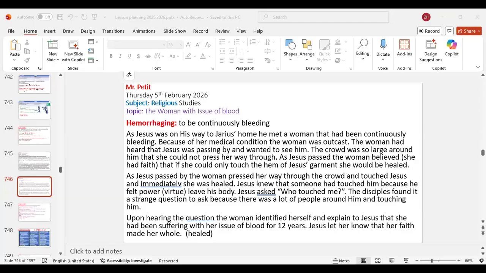So when he says "Who touched me," he's not talking about a regular touch. He's talking like he felt power leave his body. See what I'm saying? It was like virtue, something left him. It wasn't a normal thing. That's why he turned around. He's like, "What happened?"